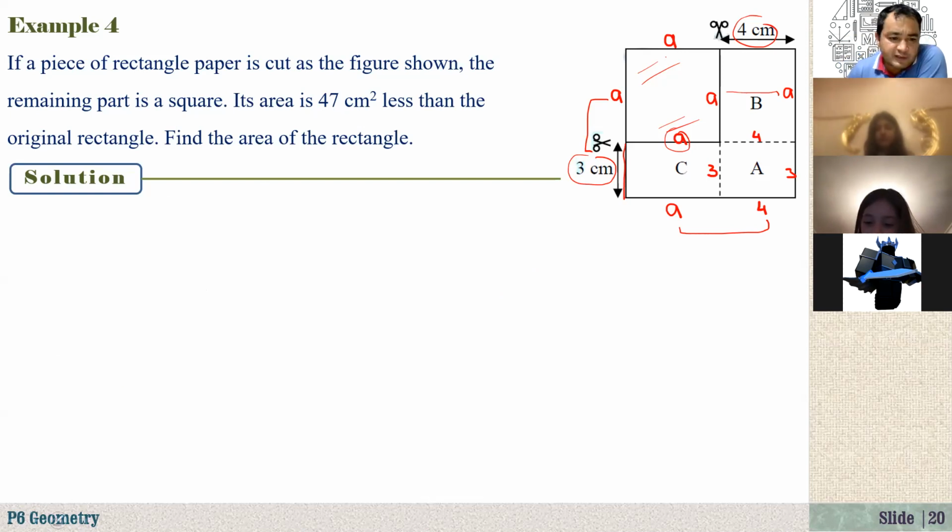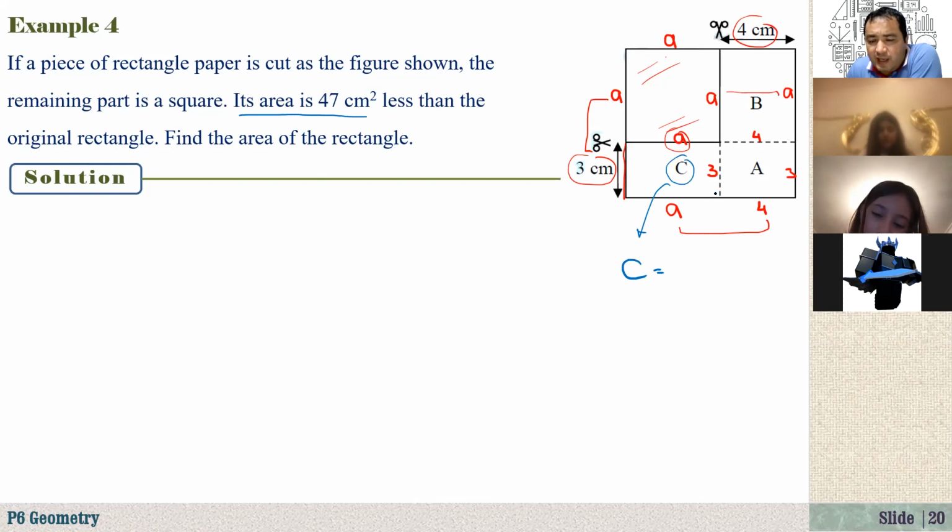Let me just do it like this, okay? So here, the question says that its area is 47 centimeters less than the original rectangle, right? And that is the original rectangle. What is the area of C? The area of C is length times width.